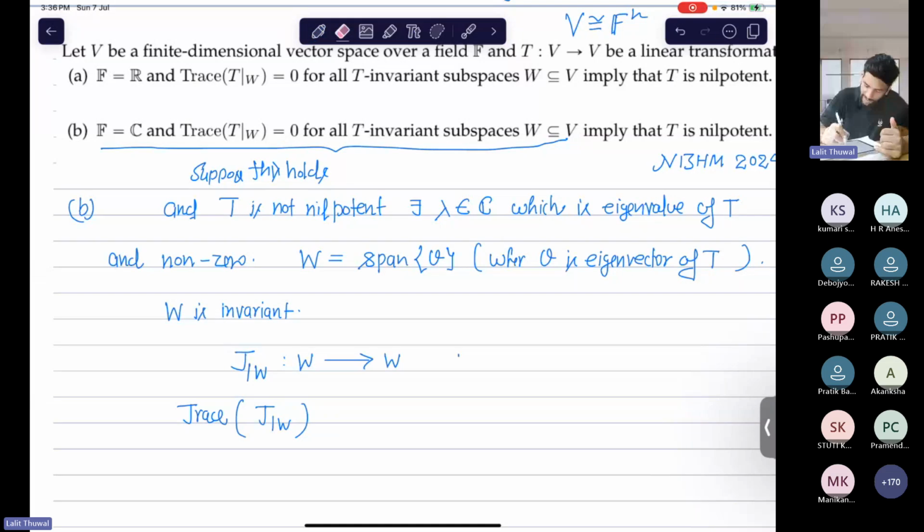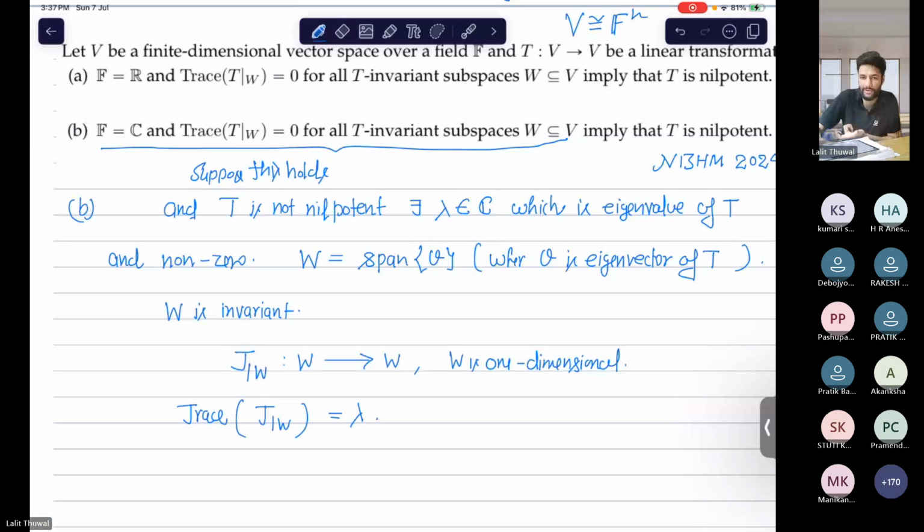Can you tell me? The trace is lambda. Why? Because W is one-dimensional. The dimension of W is 1, because it is generated by a non-zero vector.